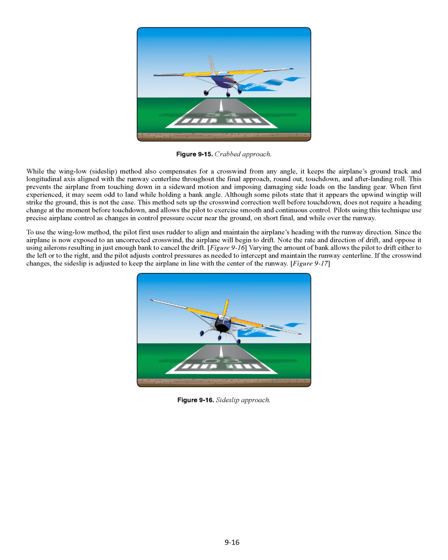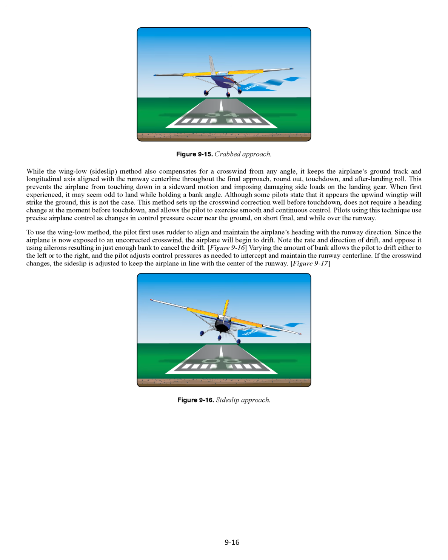While the wing low, side slip method also compensates for a crosswind from any angle, it keeps the airplane's ground track and longitudinal axis aligned with the runway centerline throughout the final approach, round out, touchdown, and after landing roll. This prevents the airplane from touching down in a sideward motion and imposing damaging side loads on the landing gear. When first experienced, it may seem odd to land while holding a bank angle.